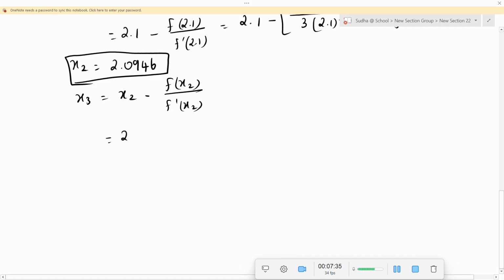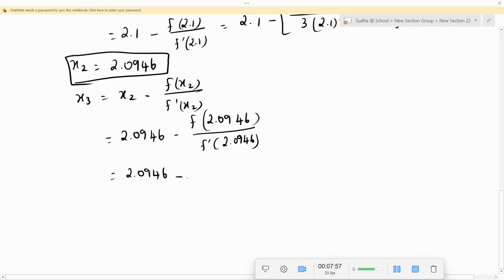So the x2 value is 2.0946 minus f of 2.0946 divided by f dash of 2.0946.